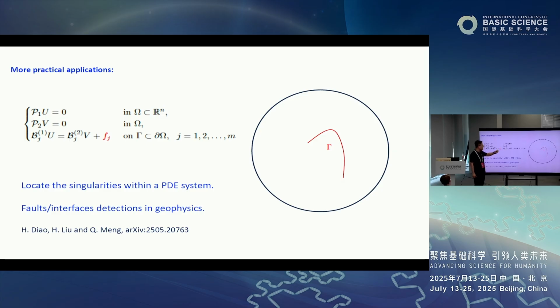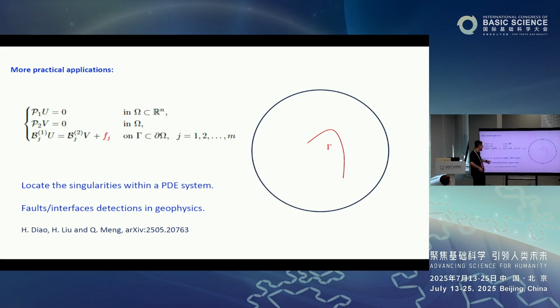Our study indicates that the solution behavior away from this singularity interface has a one-to-one correspondence between the geometry of this Gamma and this source f, and the solutions of this PDE system. This is also just a straightforward extension into some purely PDE applications.